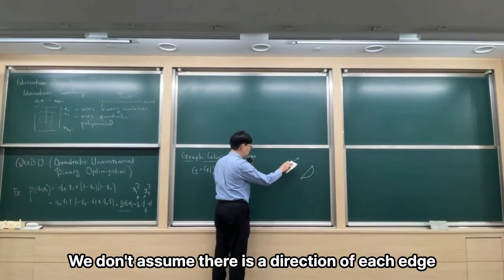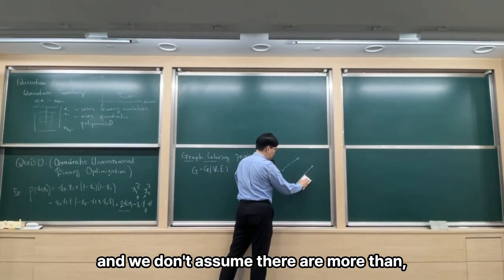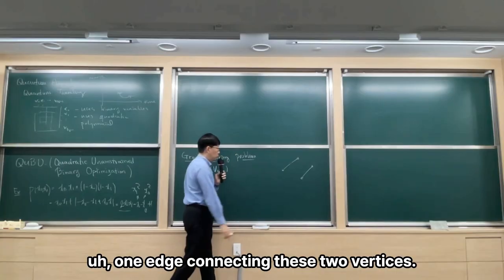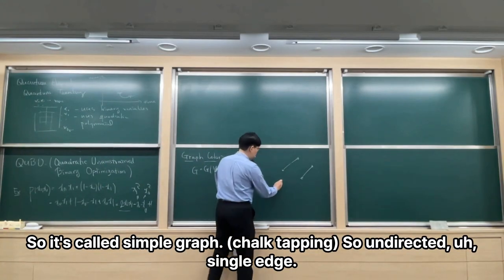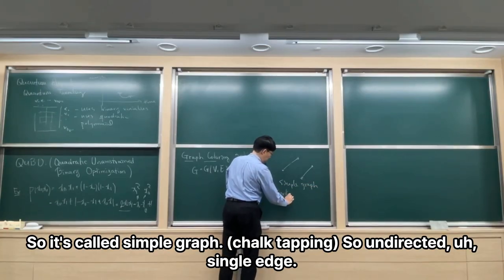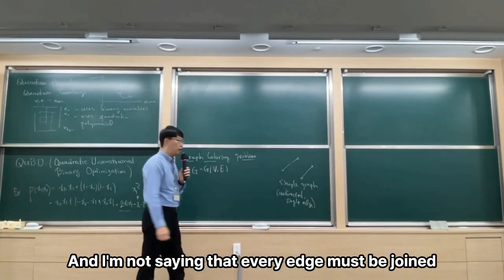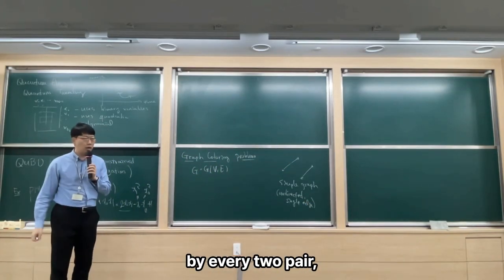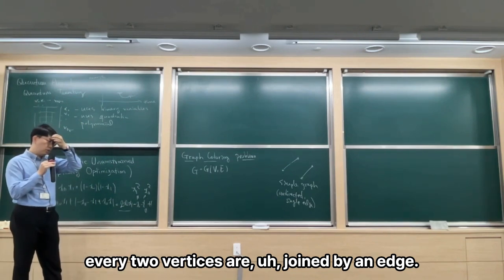We don't assume there is a direction on each edge, and we don't assume there is more than one edge connecting two vertices, so it's called a simple graph. So it's undirected, single edge.